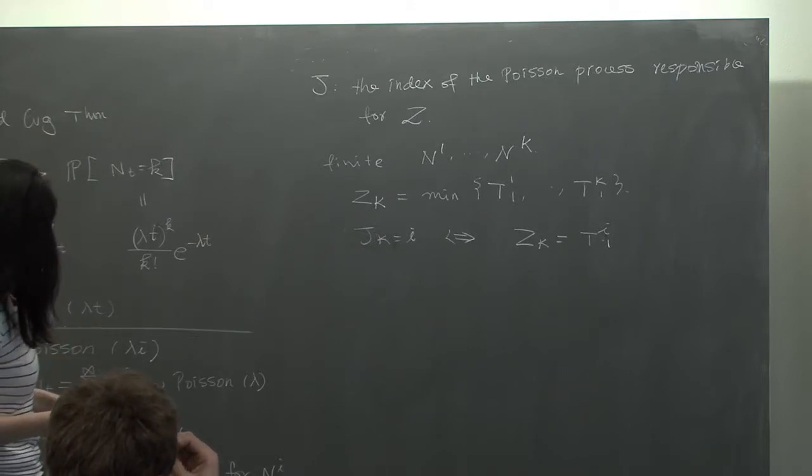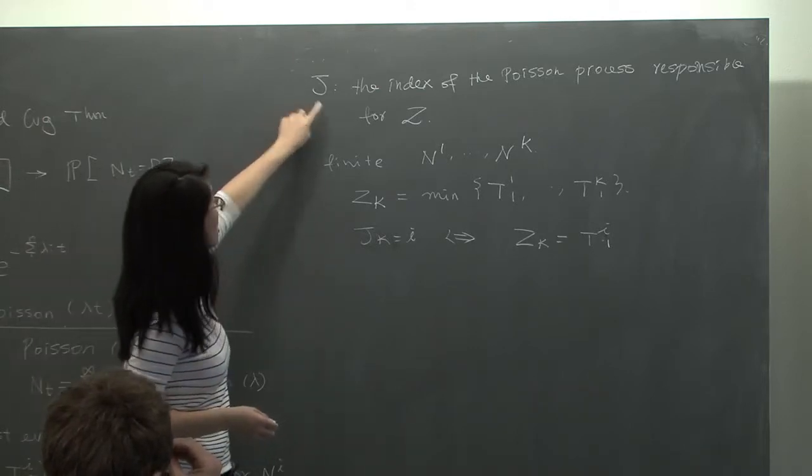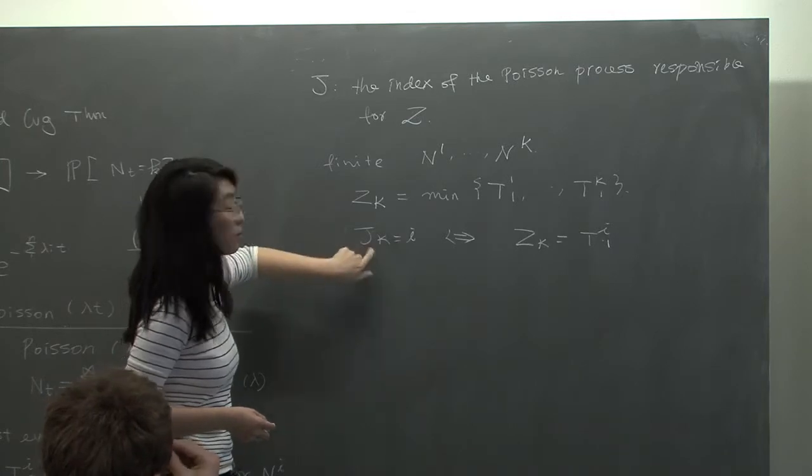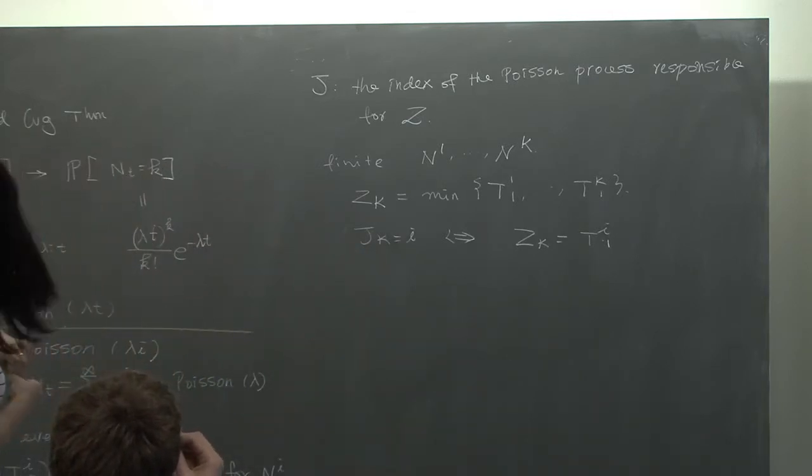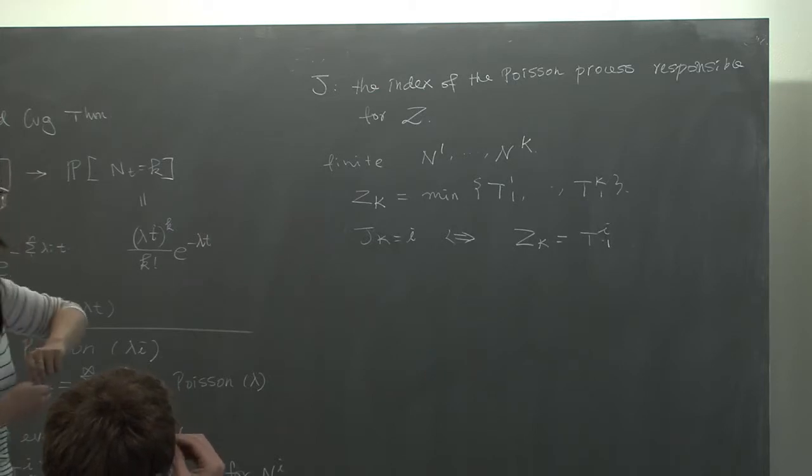If we have an infinite sequence, we can also define J as the limit of J_k as k goes to infinity. So this is the random variable Z and the random variable J.